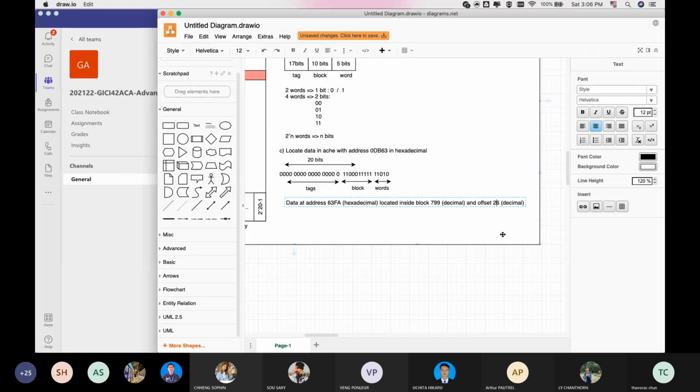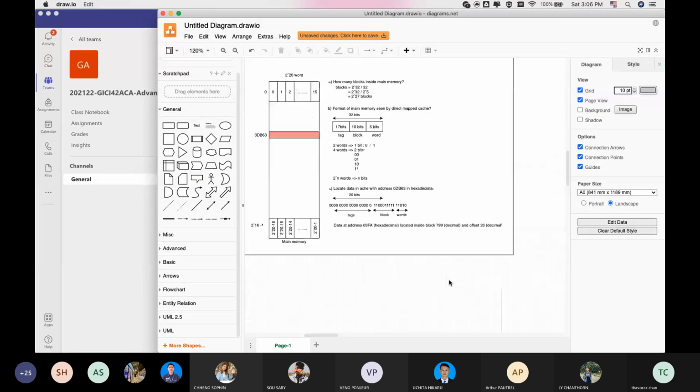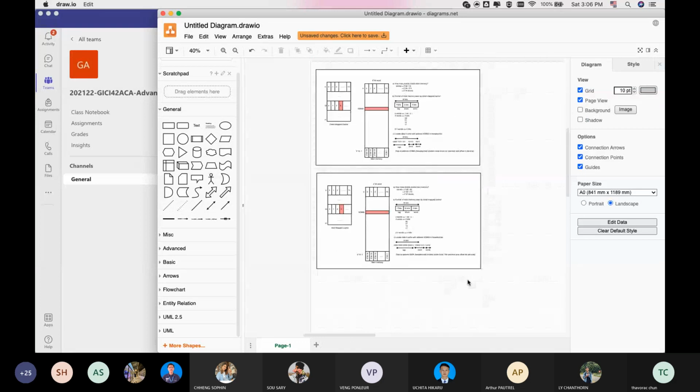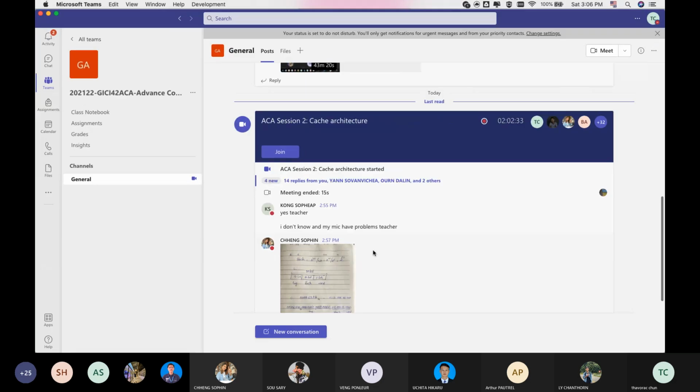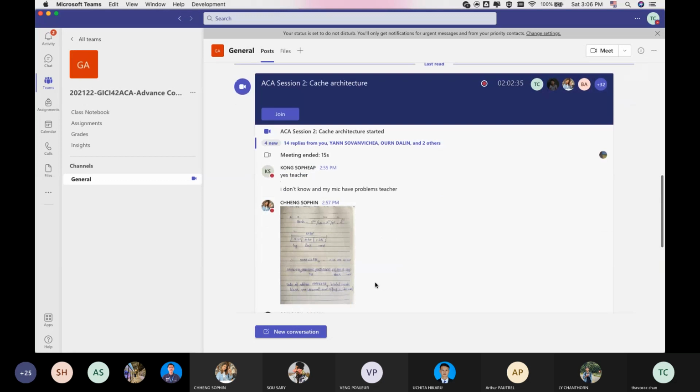Okay. So the question is quite simple actually, if you understand it. And if you want to do a bit more harder exercise, you can refer to the ebook. You can also capture the screen, take a picture and put it here to share with your friends.